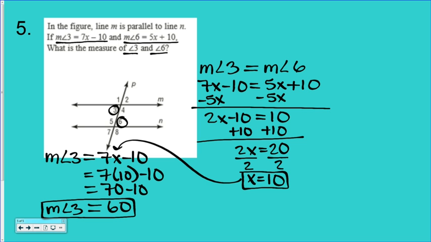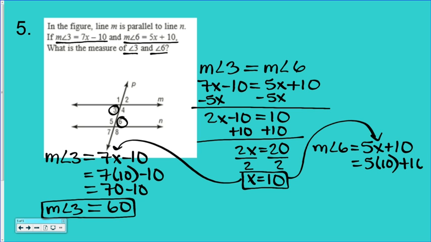And then let's double check with the measure of angle 6. Measure of angle 6 is 5x plus 10. Plugging in again, plug in 10 for x. 5 times 10 plus 10. 5 times 10 is 50. Plus 10 is 60. So the measure of angle 6 is 60.